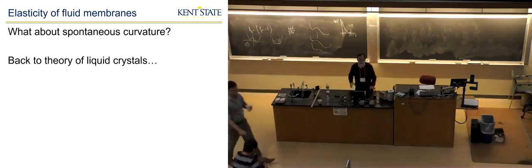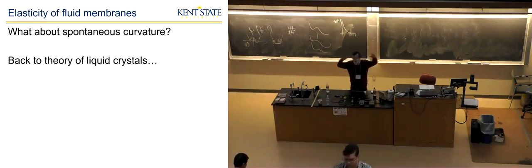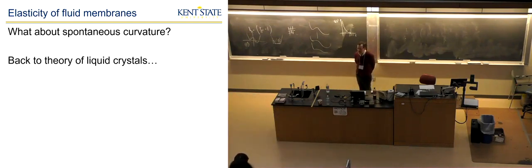Okay, so the last thing in general that I want to tell you guys about is what about liquid crystals that have some kind of favorable variation in the orientation of the molecules, a favorable variation in the director. So this actually happens, right?